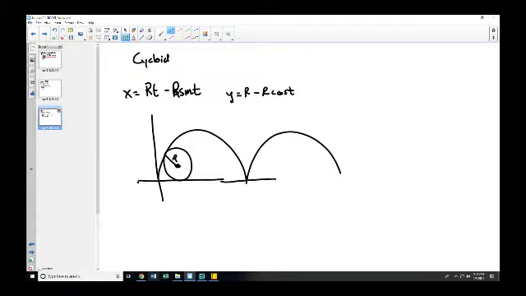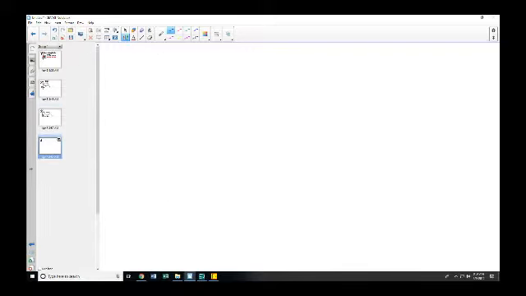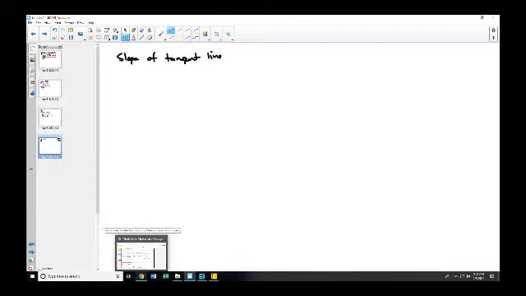Okay, here's what we really care about. Here's what I really care about anyways. Slope of a tangent line. So how do you calculate slope in math? dy/dx, right? Same process here.